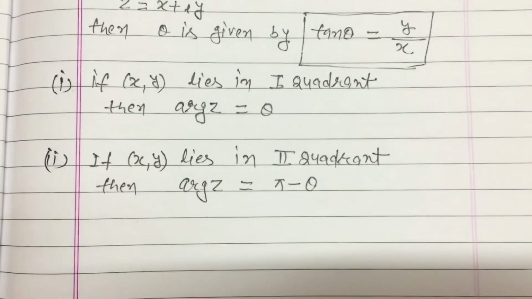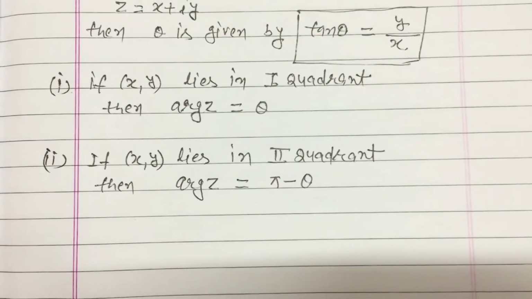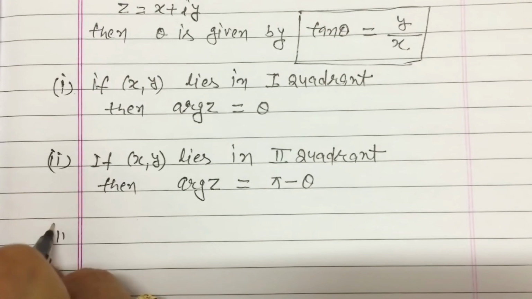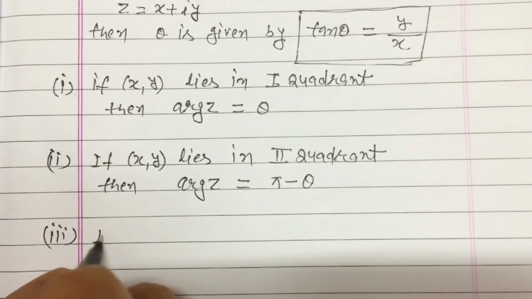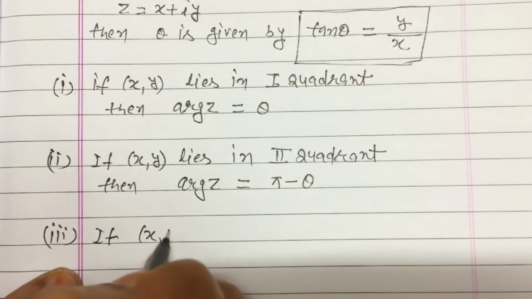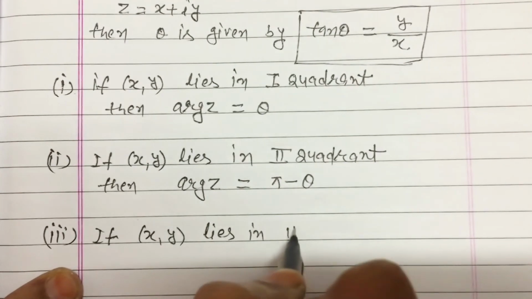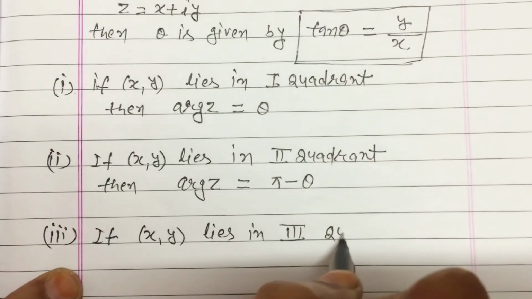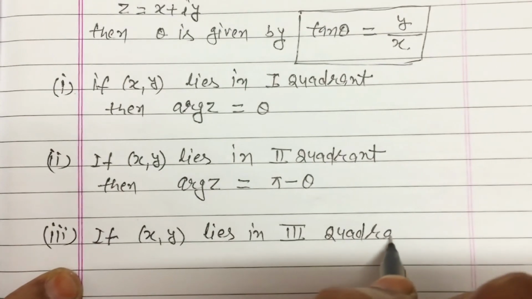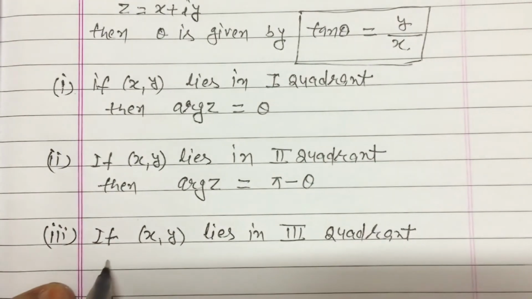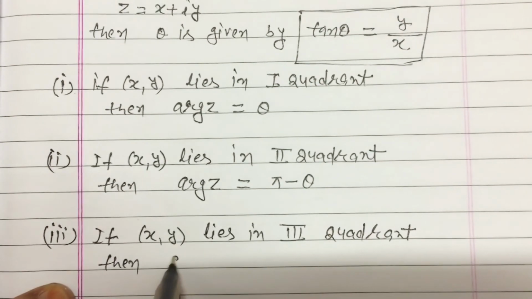Okay, and next, third, if (x, y) lies in the third quadrant, then argument of z is theta minus pi.